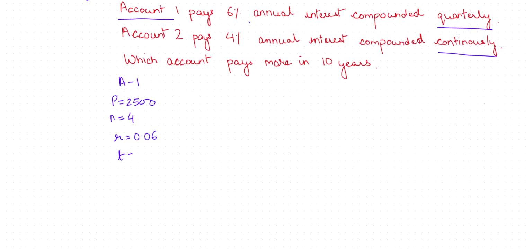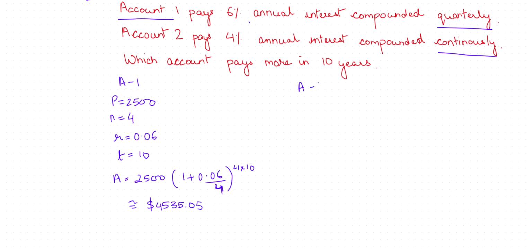So if we put this in the formula, 2500 times 1 plus 0.06 by 4 raised to power nt, so 4 into 10, 40, this gives us around $4,535.05.